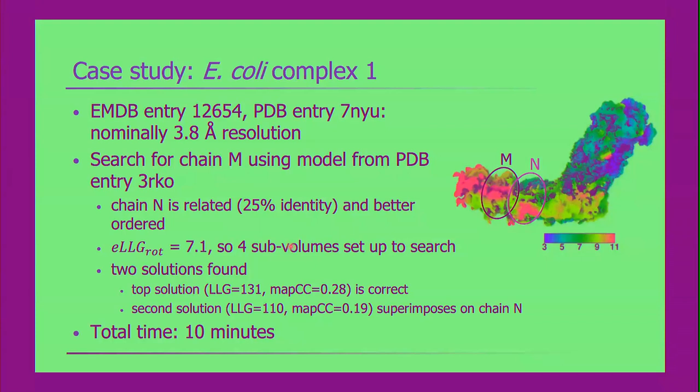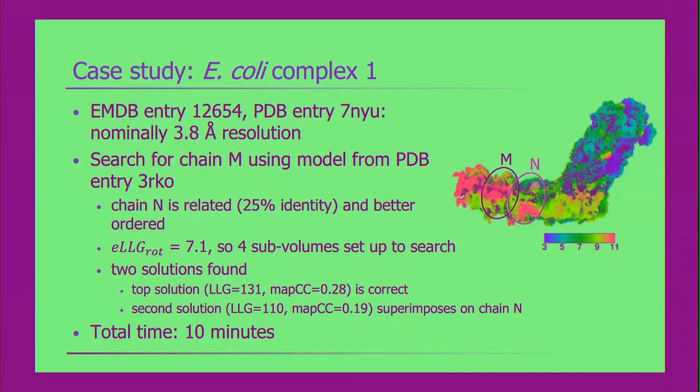It searches over those, finds 2 solutions. They both refine to log likelihood gain values over 60. One of them is higher and has a higher map correlation. And it turns out the one with a higher score puts it in the right place. The one with a lower score puts it in the wrong place, but this is not random.